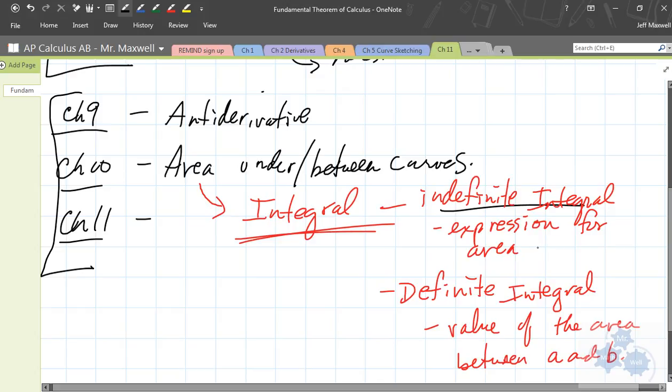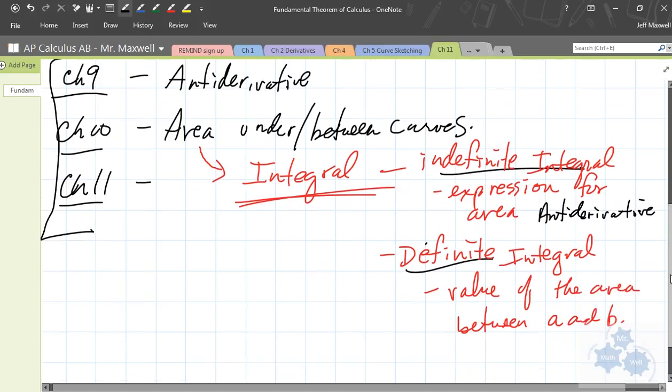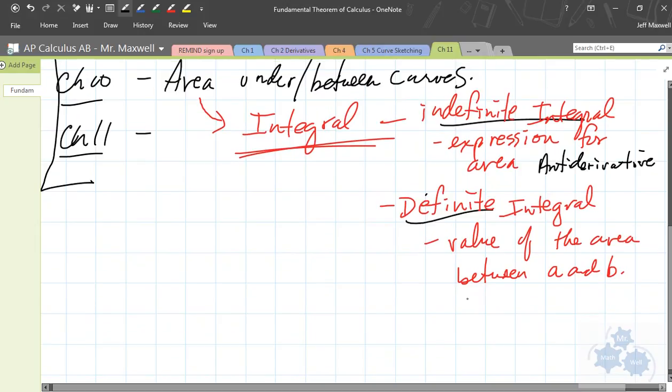The definite integral is the antiderivative evaluated at B minus the antiderivative evaluated at A. The indefinite integral is not evaluated; it is the antiderivative function, really. The definite integral is F of b minus F of a.